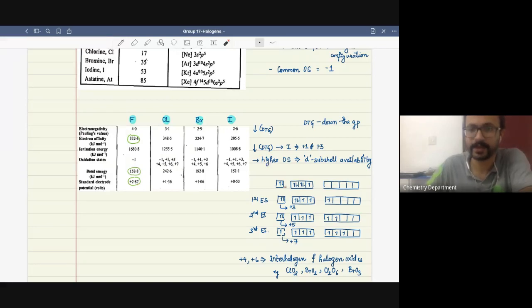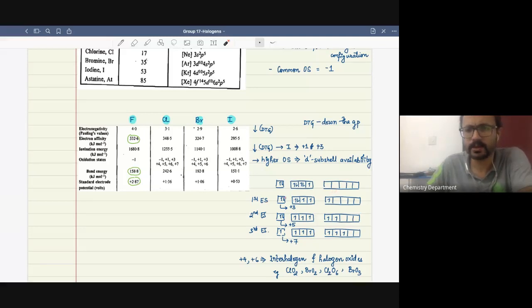For example, this is just a general subshell configuration, so you have ns2 np5, and chlorine, bromine, and iodine all have the d subshell available to them.